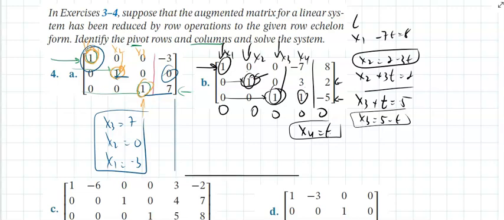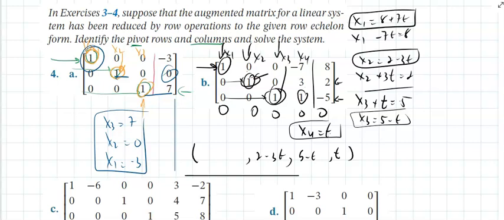So x1 would be 8 plus 7t. There it is. And the solution will be t, 5 minus t, 2 minus 3t, and 8 plus 7t, where of course t could be any number you want.